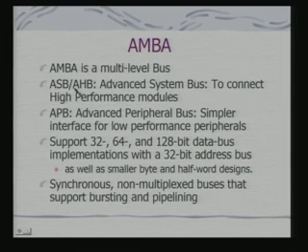We shall not really distinguish between them. We shall look at their characteristics more in reference to AHB, and these parts will translate in most of the cases to ASB as well. So, here the objective of this bus is to connect high performance modules. Then APB is advanced peripheral bus, a simpler interface for low performance peripherals.